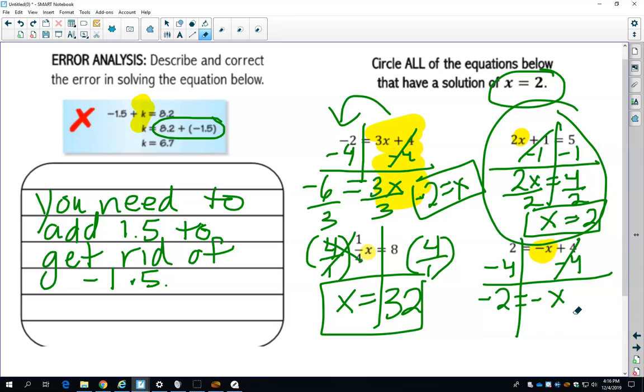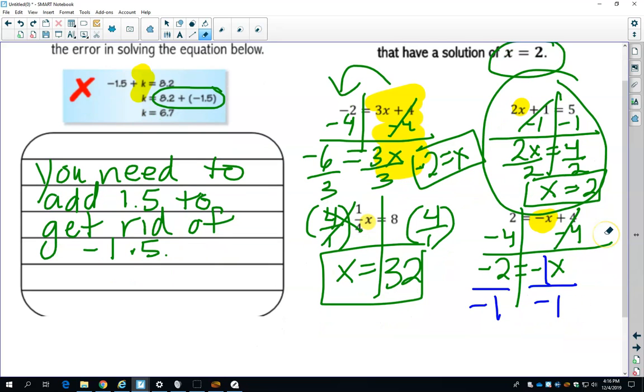So what we actually have here is negative 1x, right? Because you have 1x. And if I want to get rid of the negative, I'm going to divide by negative 1. So if I divide by negative 1, negative 2 divided by negative 1 is 2. 2 equals x. So that also has a solution of x equals 2.